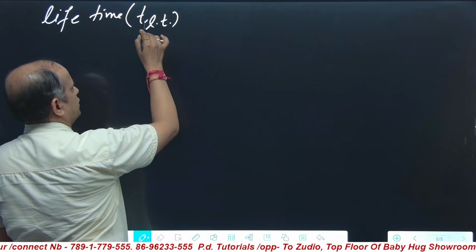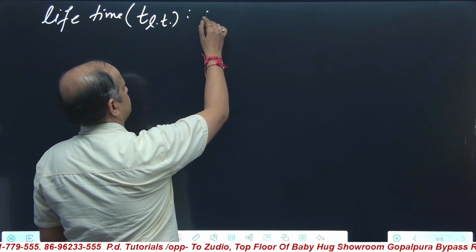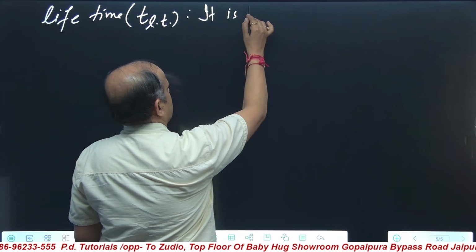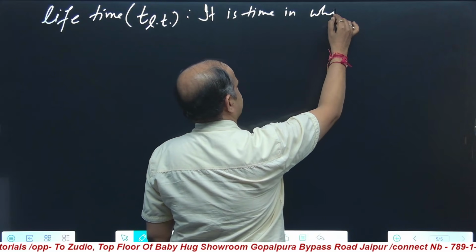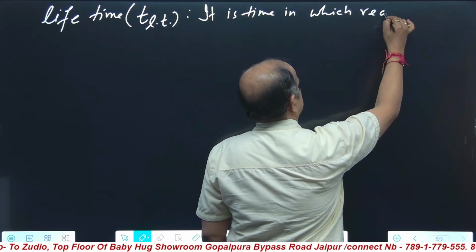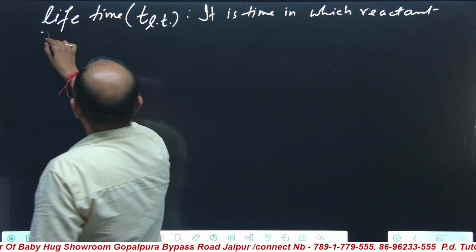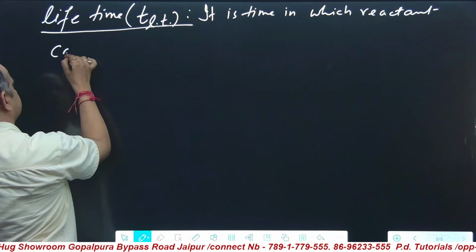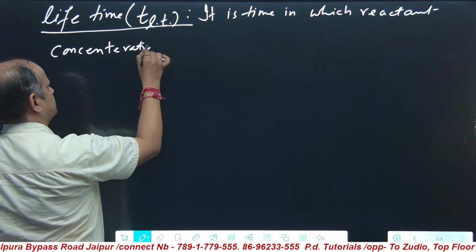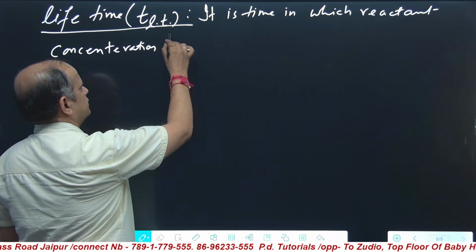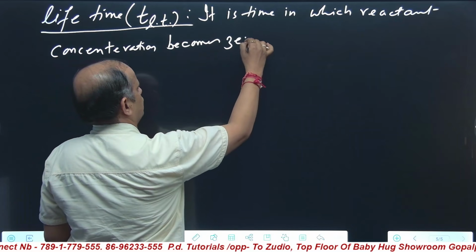TLT: T means time, LT means lifetime. It is the time in which the reactant concentration or pressure becomes zero.